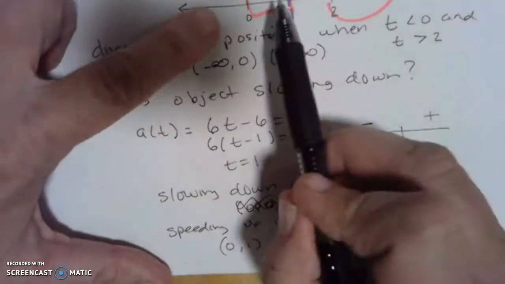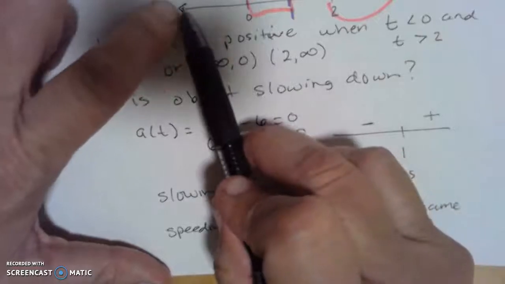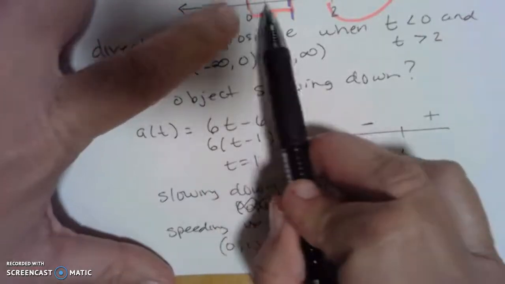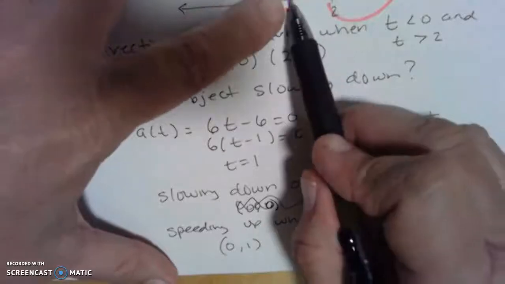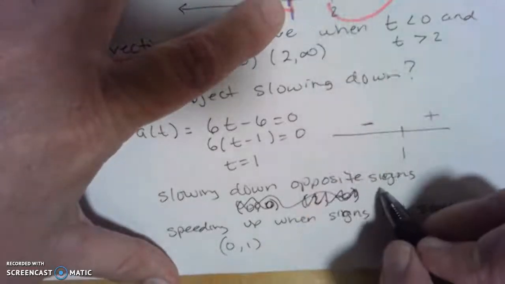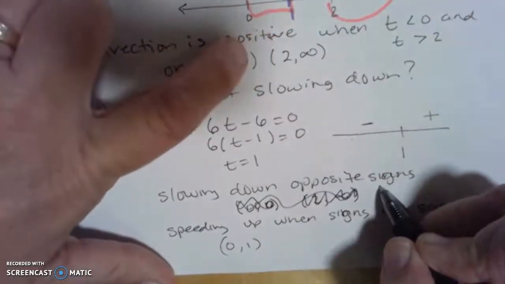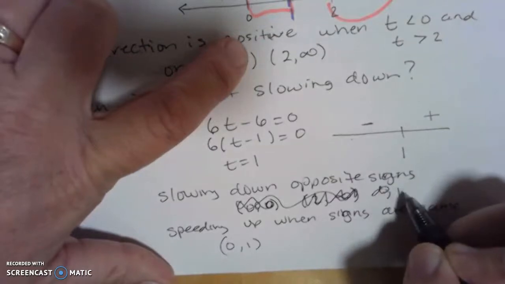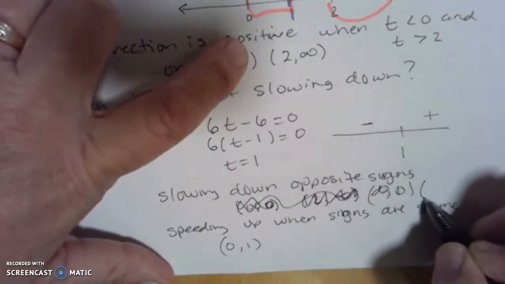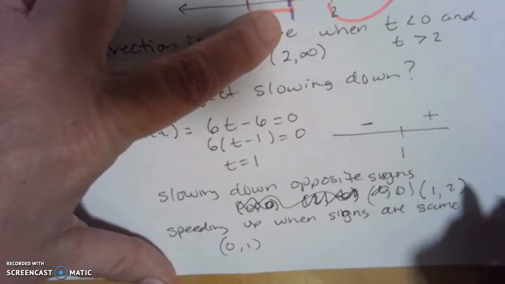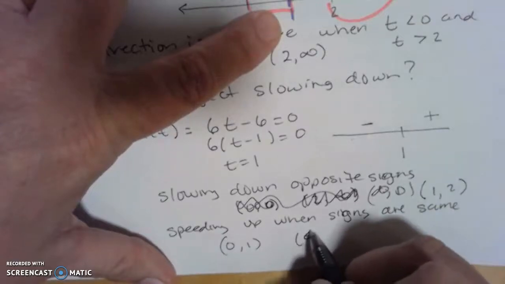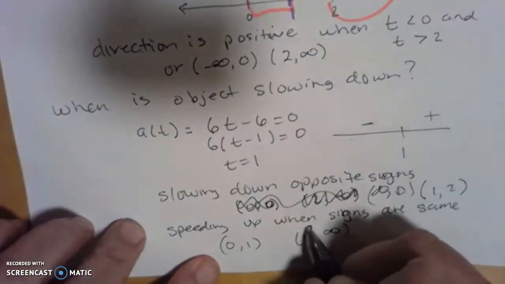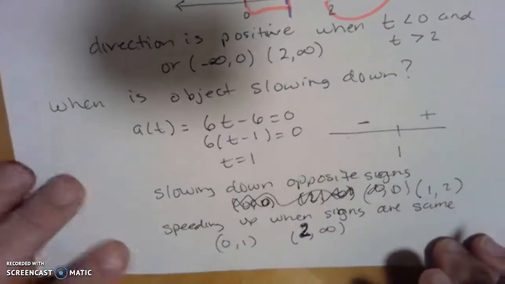Hold on. The opposite signs are between negative infinity and 0. Same sign between 0 and 1. Opposite signs between negative infinity and 0, and between 1 and 2. Here we go. And then here is 2 and infinity.